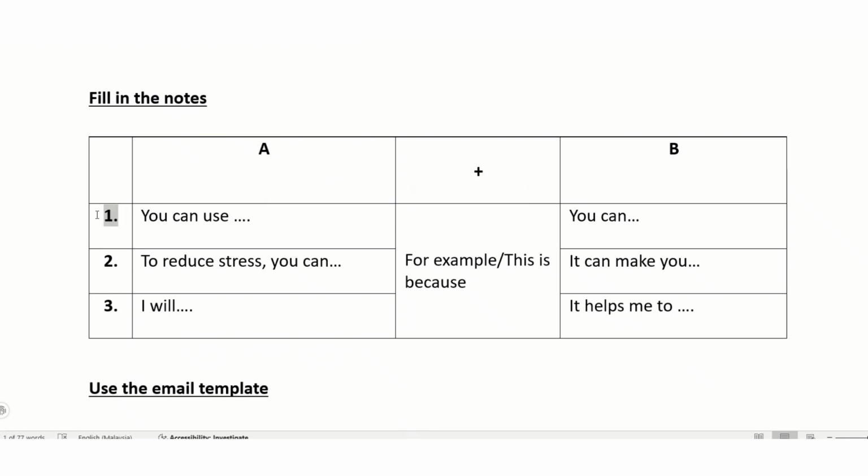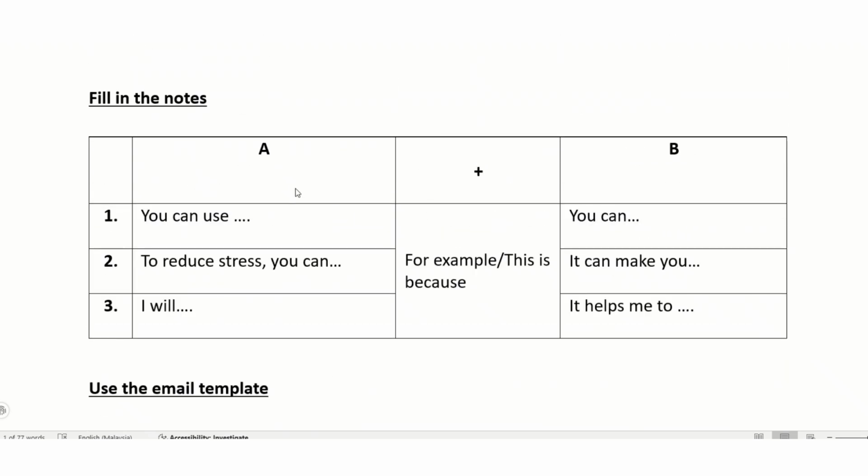So number 1 meaning content number 1, content number 2, content number 3, and also A, the main idea, and then the plus sign here means an extension or connection to the main idea, which is the B part, the explanation, the reasons, or the example to support the main idea.